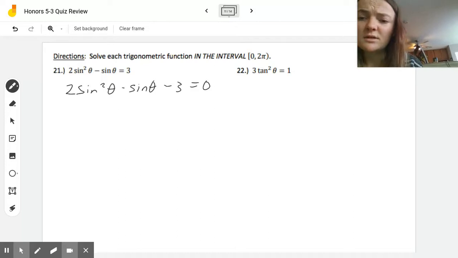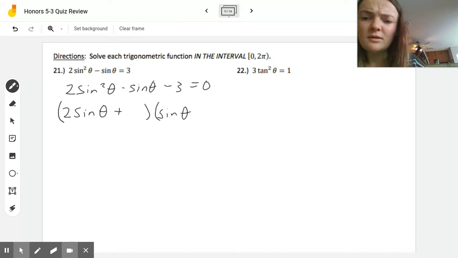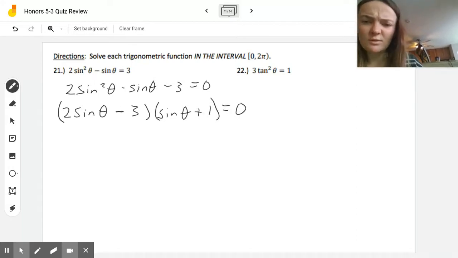Let's do this: 2 sine of theta plus 1, and sine theta. All right, so if I put the minus 3 here, we'll put the plus 1 here. All right, sometimes it just takes a minute to do this. You obviously could use the box method here. I'm just trying to save a little bit of time. All right, so I think that this one is going to work. Yep, that should give me a negative.